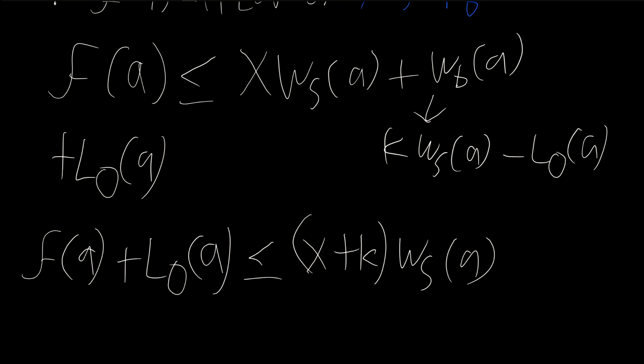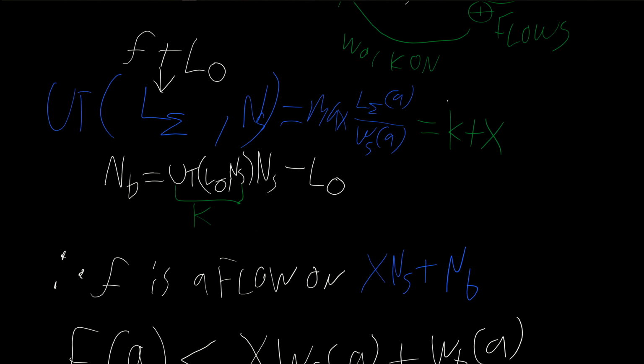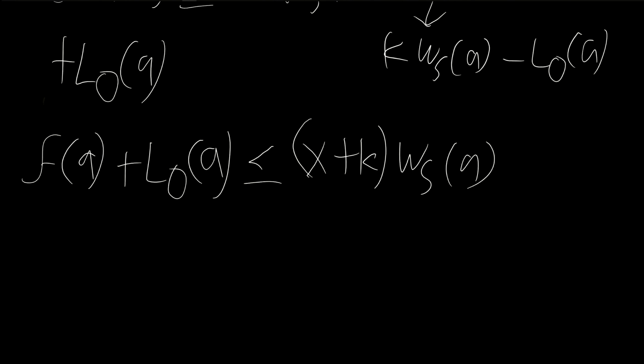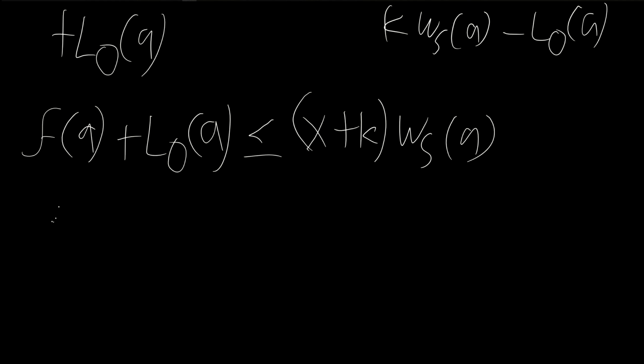This is looking very good because it's looking like this claim I made completely out of the blue. But now we can start to see where it comes from. Now let's divide both sides by WS. We know it's positive. We're ignoring cases where WS might have zeros in it.